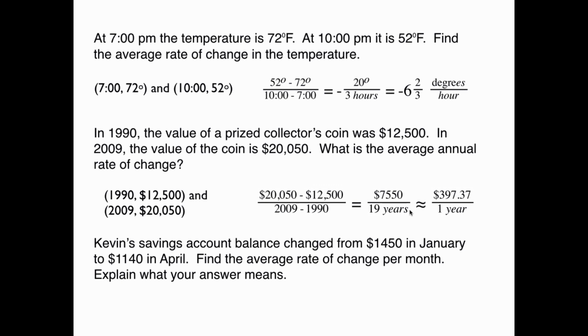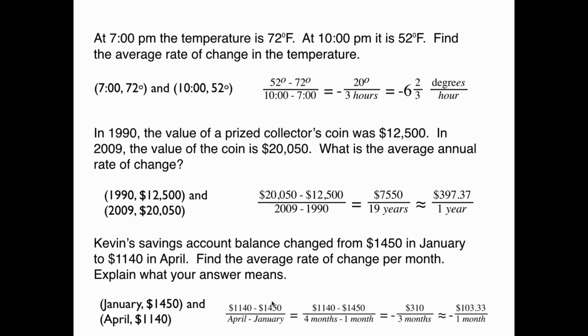And finally, the third situation. Kevin's savings account balance changed from $1,450 in January to $1,140 in April. Find the average rate of change per month. Explain what your answer means. So the months are our independent variable, and the savings account is our dependent variable. Plugging it into our slope formula gets us $310.